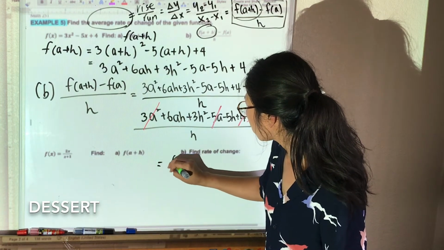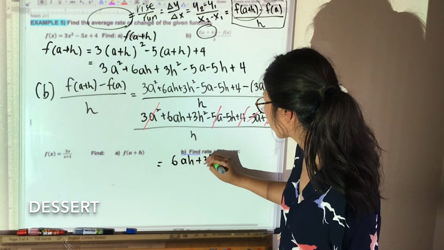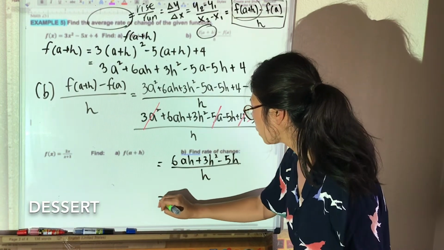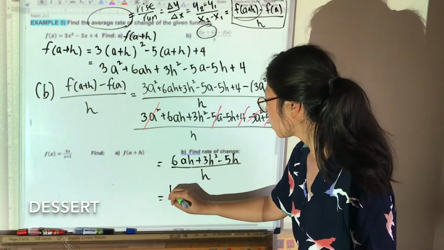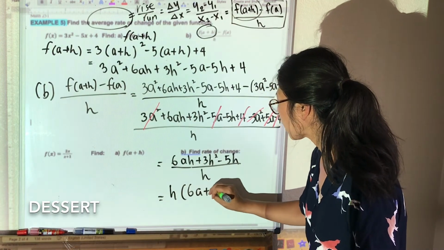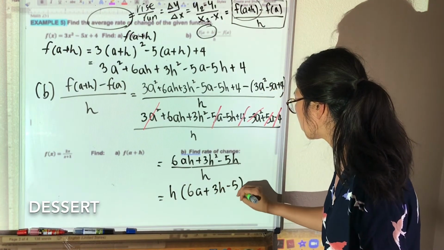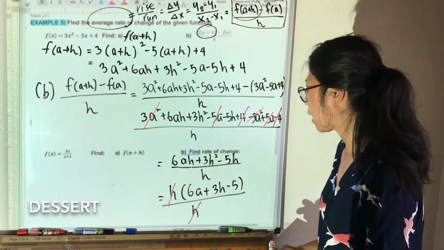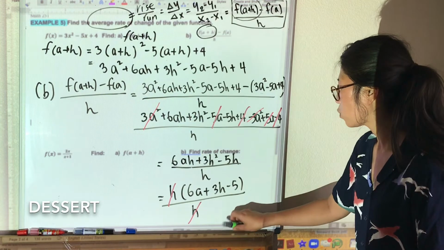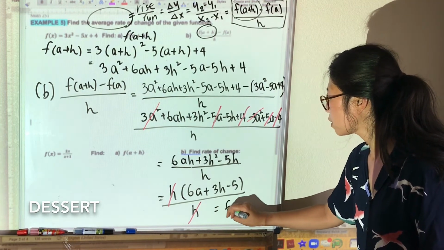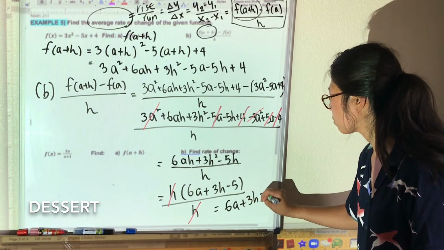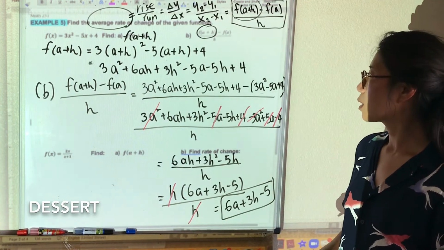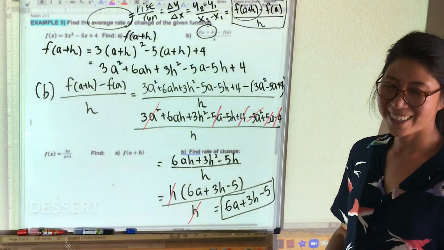So I'm going to rewrite it carefully. Don't lose your h. And we can factor it by h again. Then by cancelling out, my final answer of a rate of change turned out 6a plus 3h minus 5. As you see, a little bit long work, so you can always pause and try it.